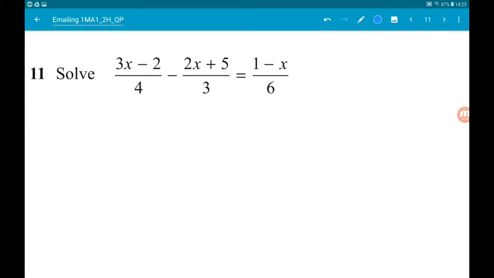So to turn 4 into 12 we multiply by 3. Whatever we do to the bottom we have to do to the top too. So we are going to get (9x minus 6) over 12 minus, now this minus affects both terms on top of the fraction, so I'm going to put the top into brackets.